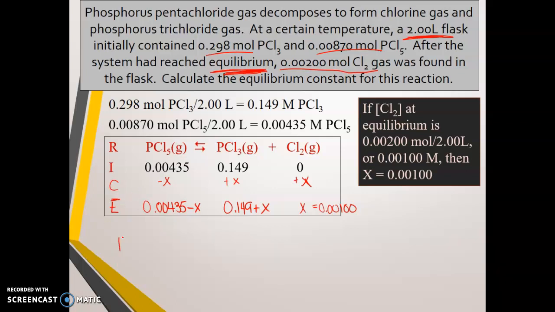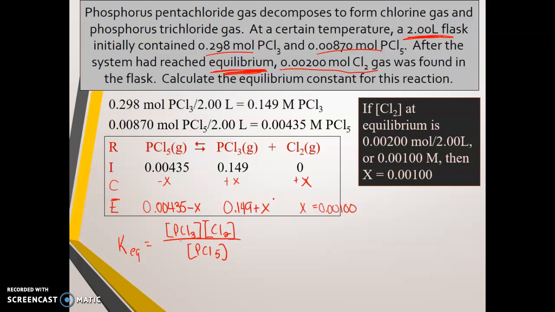Now I'm going to write my K expression. PCl3 times the concentration of chlorine divided by PCl5 concentration.